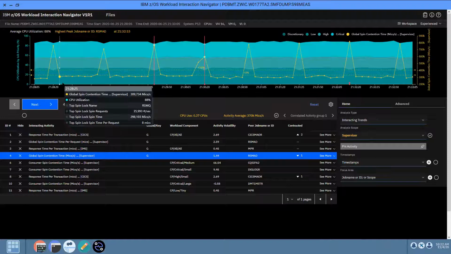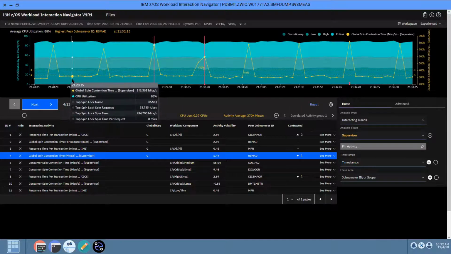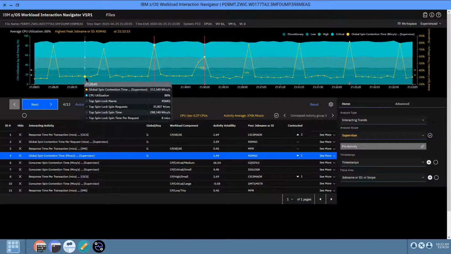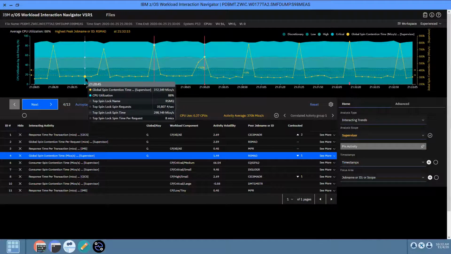You can see here that there's normal activity for what contention is on system resources, but at every one of these CPU utilization values, there is an increase in resource contention on some system resource.